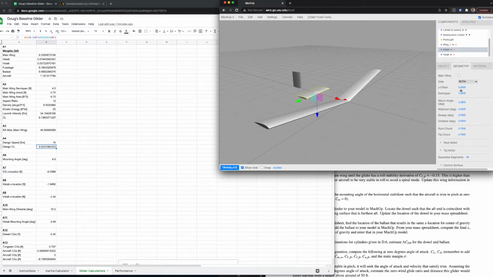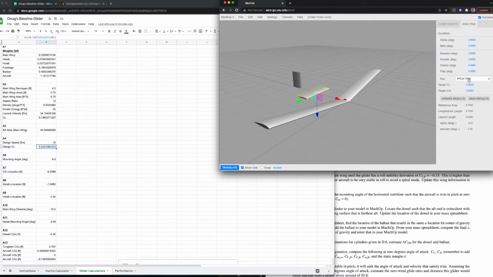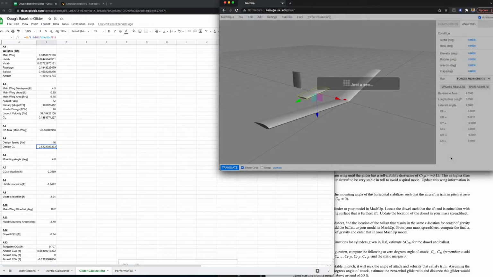It's just mounted at 2.35, and as a check here, we'll come back to forces and moments, update results, and you see that we've got a really small pitching moment, so that's really close to 0, and our lift coefficient is also close to that 0.622 again, and we're at 0 degrees angle of attack and 0 elevator deflection.